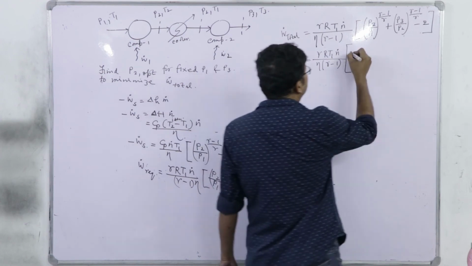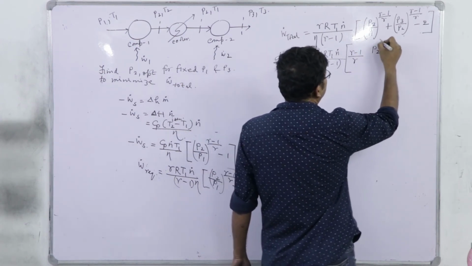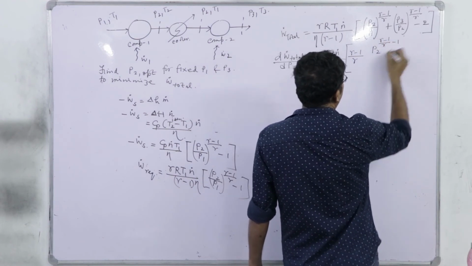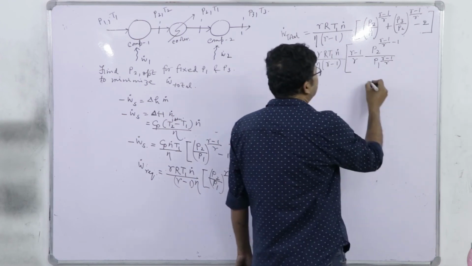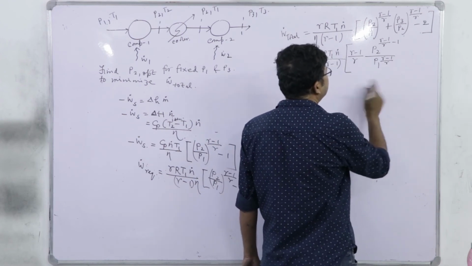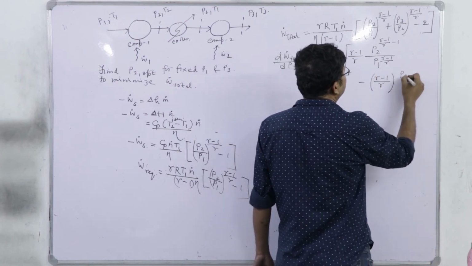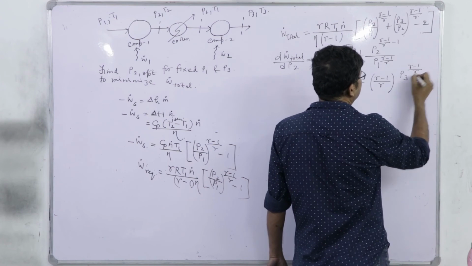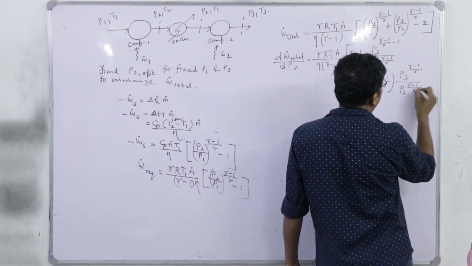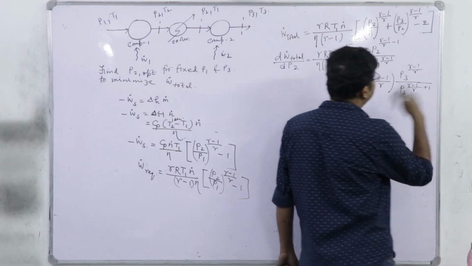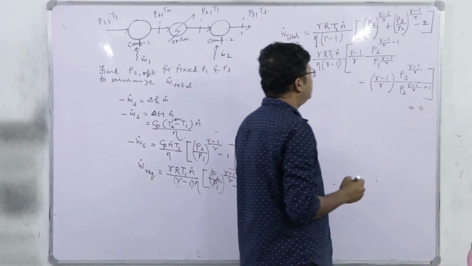Now this will be gamma minus 1 by gamma into P2 to the power gamma minus 1 by gamma minus 1 divided by P1 to the power gamma minus 1 by gamma, plus or minus gamma minus 1 by gamma P3 to the power gamma minus 1 by gamma divided by P2 to the power gamma minus 1 plus gamma, because it is in the negative side, and that we have to set equal to 0.